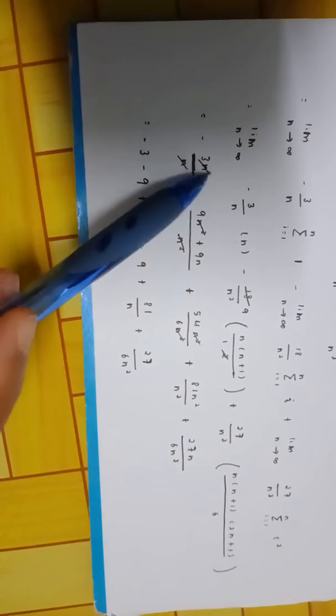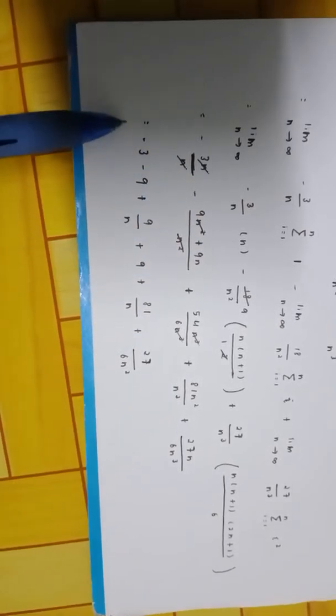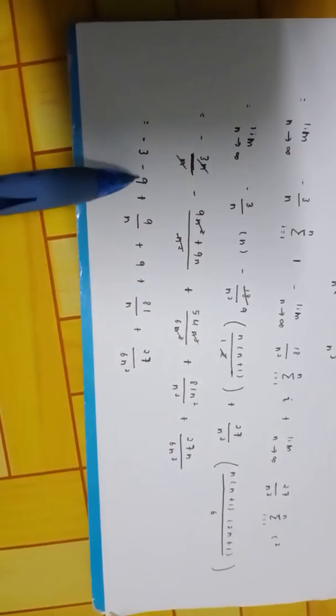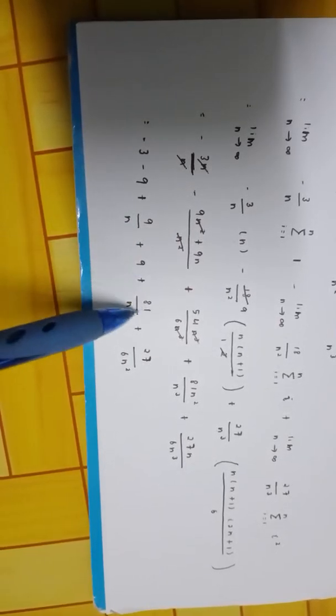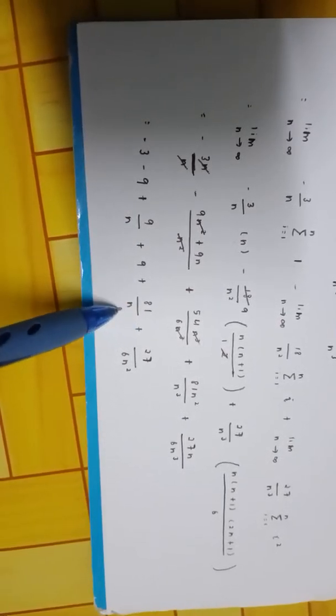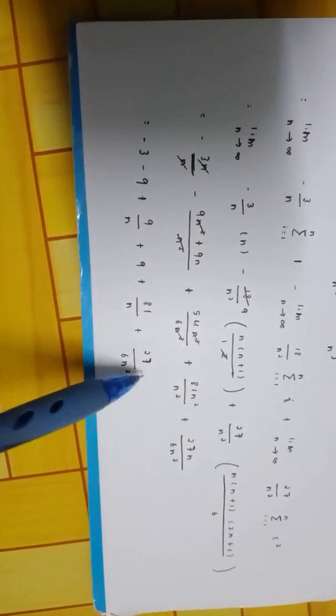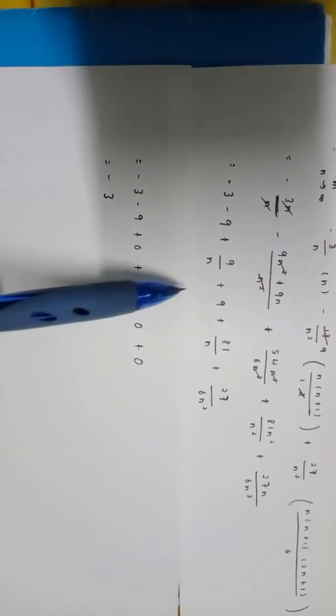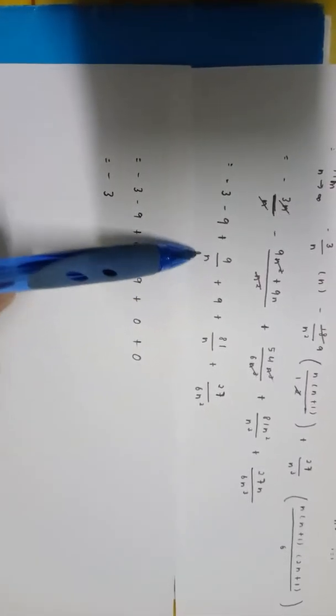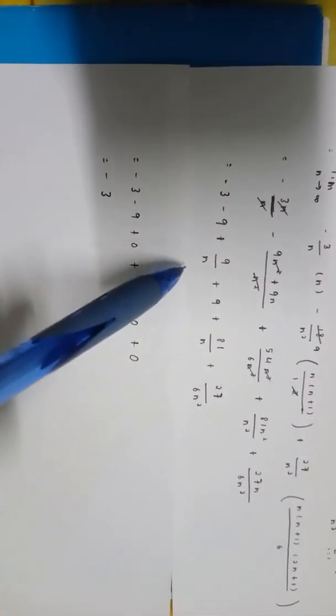And then we just simplify it by canceling. So we got negative 3 minus 9 plus 9 over n plus 9 plus 81 over n plus 27 over 6n squared. So the value of n we replace with infinity.